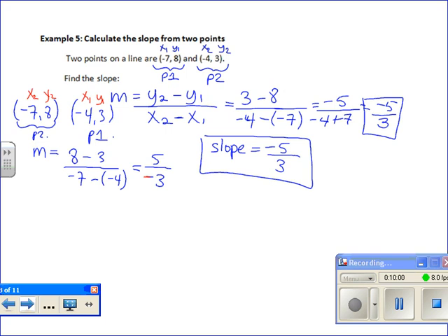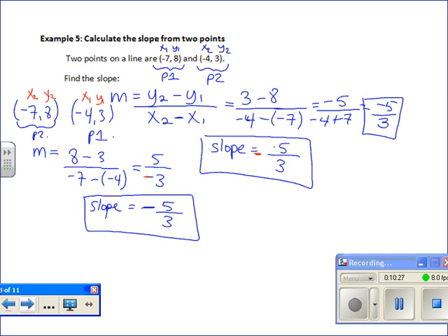And really over here in my slope 2 I have this negative 5, that negative sign can come out front. It's fine to leave it on the 5. It's also fine to pull it out front. So the same thing happens here. I pull that negative sign out front, and it is negative 5 over 3. That's my slope. So it really does not matter which way you label your points, as long as you use the formula correctly and you're consistent.